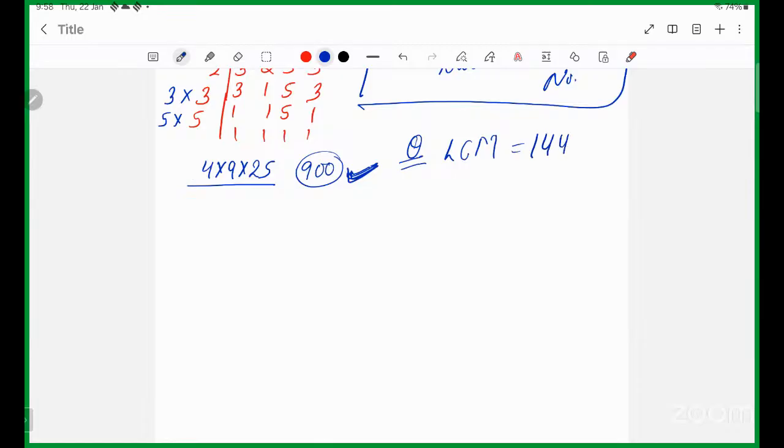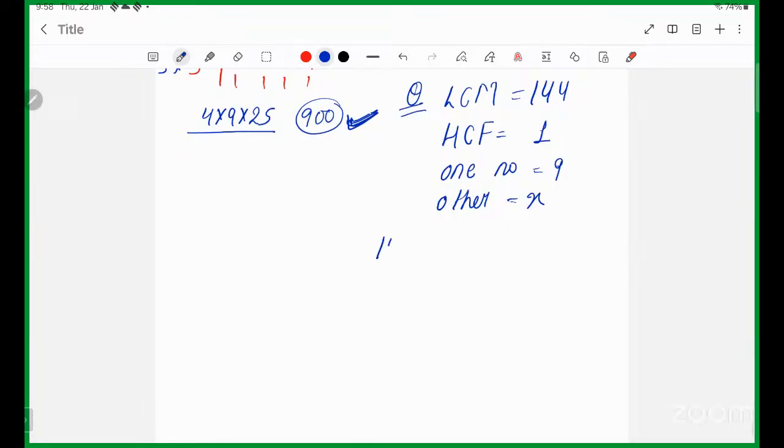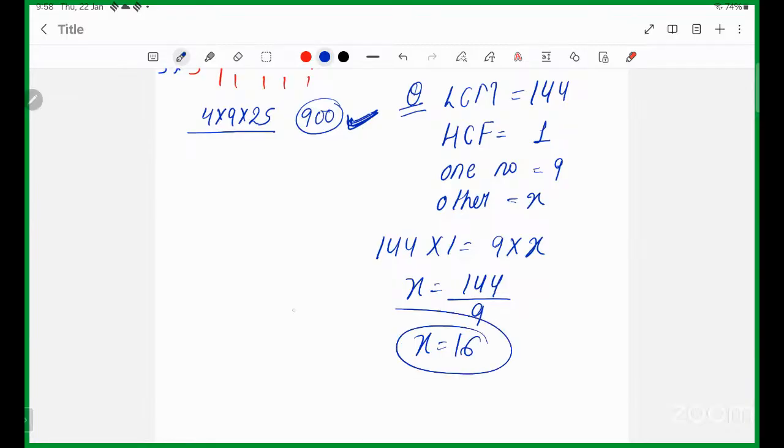LCM of two numbers is 144, and HCF is 1. One number is 9, find the other number. So here we will multiply 144, LCM, into HCF, which will be equal to the product of the two numbers. So to find the value of X, it will be 144 by 9. So X will be equal to 16.